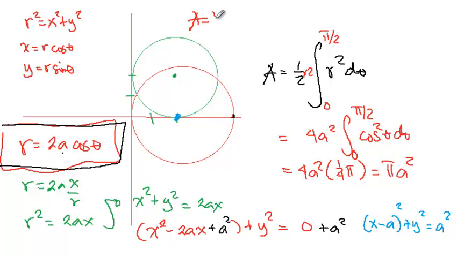Area is equal to 1/2 integral from 0 to 2 pi of r squared d theta, and it will turn out to be 1/2 times what? r squared is 4a squared, so it will be 2a squared, integral from 0 to 2 pi of cosine squared theta d theta, okay?